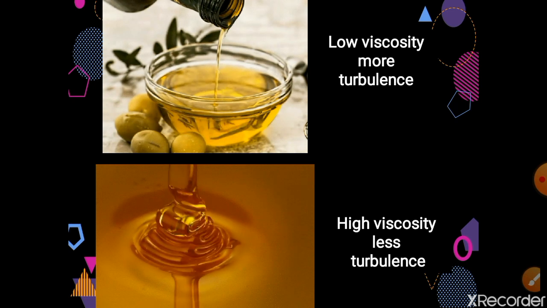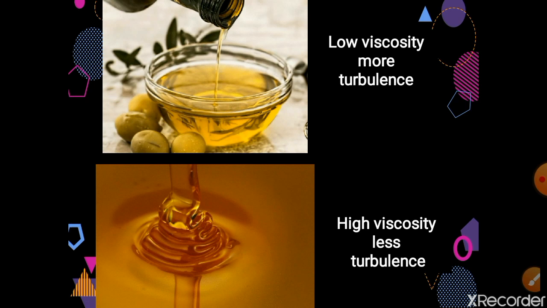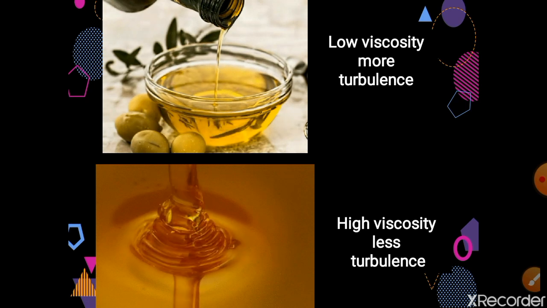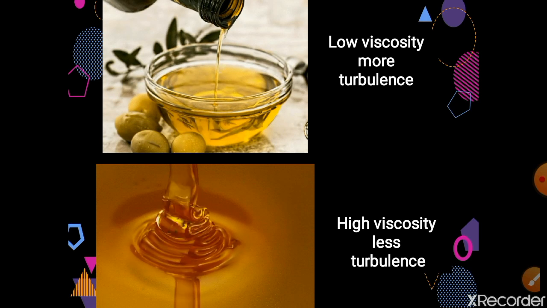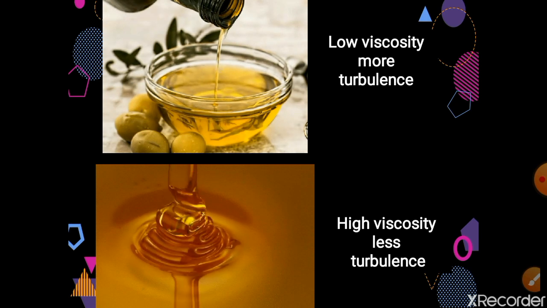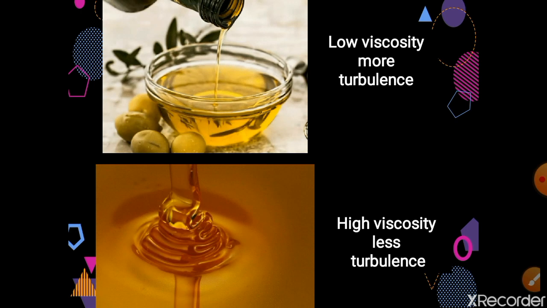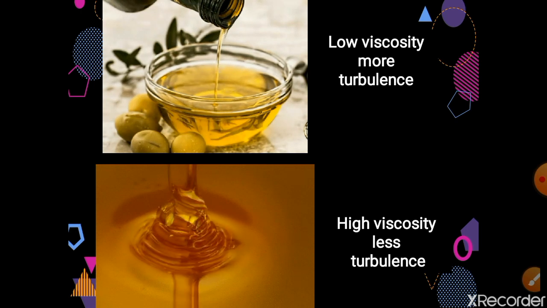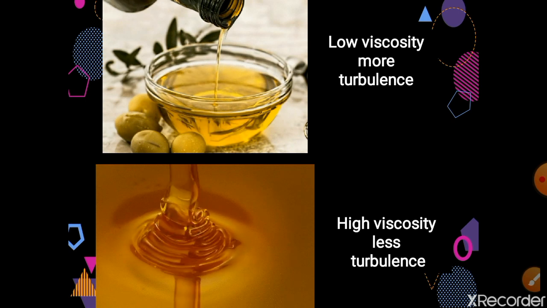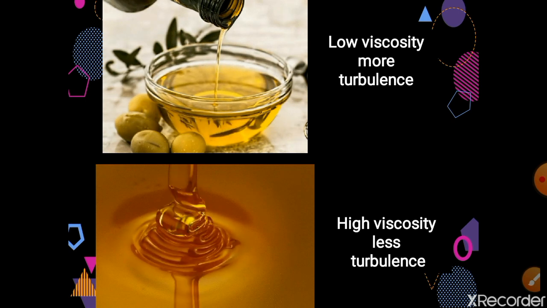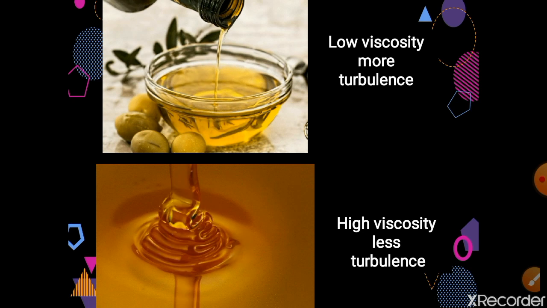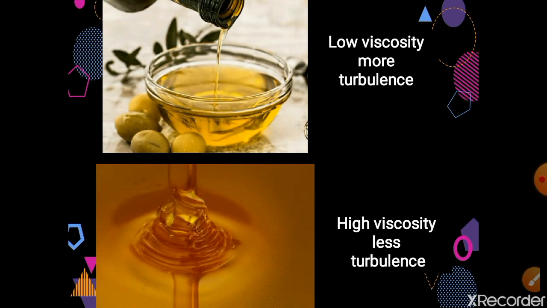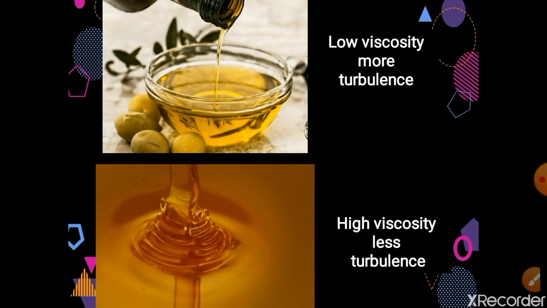Now imagine trying to pour olive oil into a vessel. As you must remember from your experiments in the kitchen, while pouring oil into a vessel, you may experience splashing. This splashing or turbulent flow is due to the low viscosity of the oil. Now bring to mind what happens when you pour honey into a vessel.